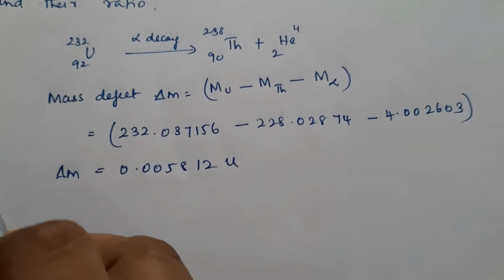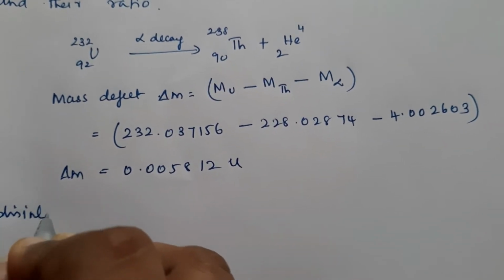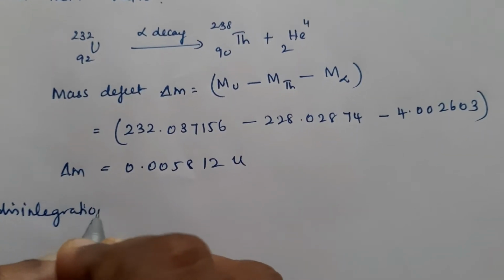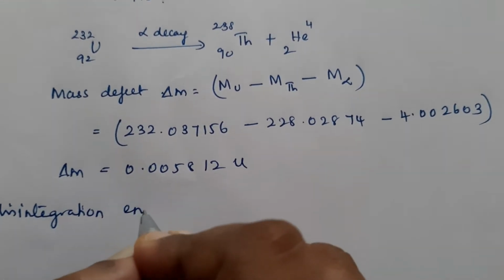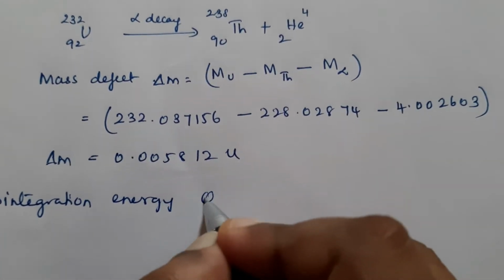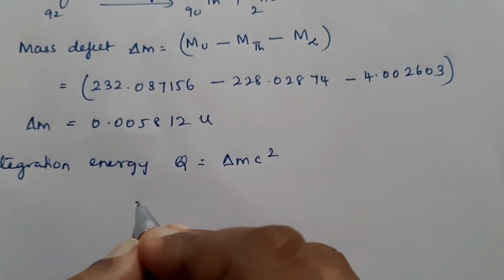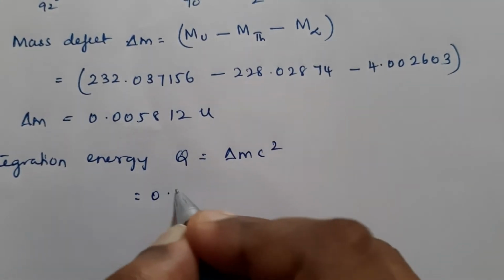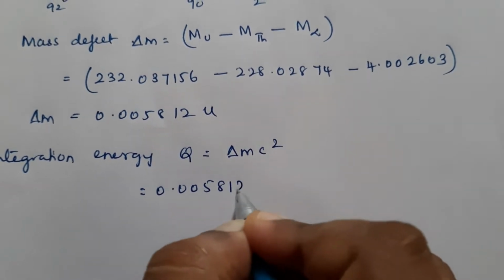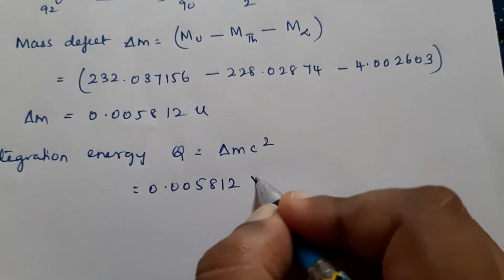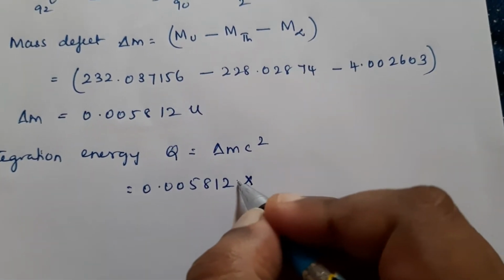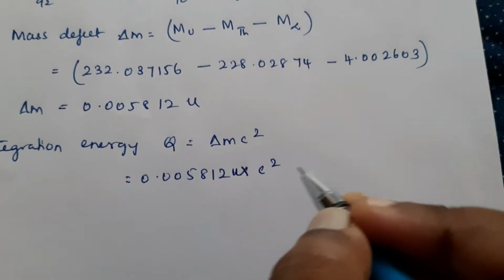Now we have to find the disintegration energy. The disintegration energy Q is equal to delta M into C square. So this is 0.005812 atomic unit into C square.